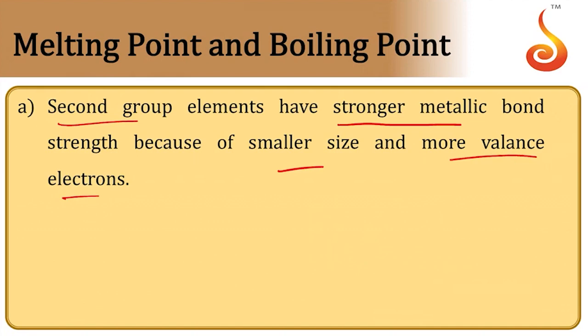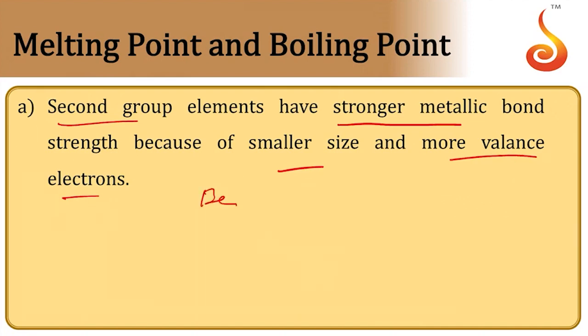But when it comes to the trend, from the second group onwards there is no trend in melting point, because melting point also depends upon the crystal structure of these elements. All the elements have different crystalline structures, and therefore melting points do not vary uniformly.